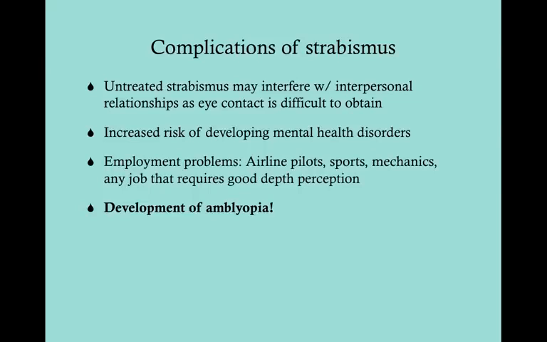If one eye is not working appropriately, the brain is going to say, well, forget about that, I'm just going to take my imaging from the left eye or from the right eye. And so whichever eye has the strabismus is not going to set up its neuronal connections to the primary visual cortex. That is a problem because then that eye essentially becomes blind. And so that is amblyopia.